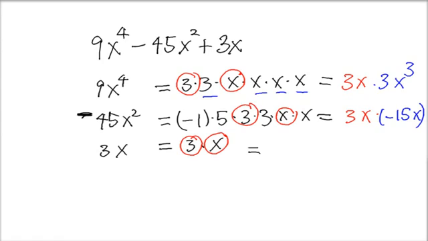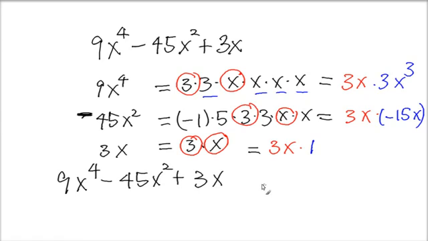The third term is the greatest common factor 3x times 1. Okay? So we can pull out the greatest common factor 3x. If we do that, we have 3x times parentheses the remaining factors, 3x cubed minus 15x plus 1.